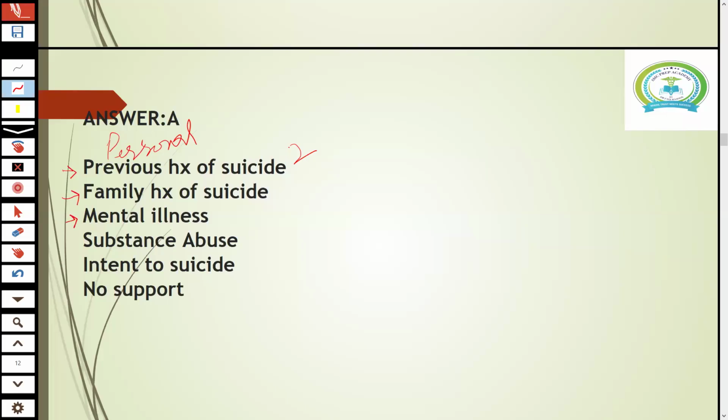Any mental illness like depression, severe depression, has 2 scores. Substance abuse, intent to suicide, very strong. No support from family or community. So these are certain things that you can take a screenshot of or just write down. That's very important while solving.